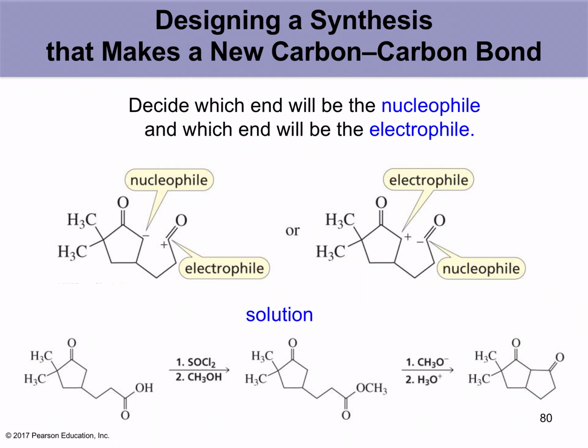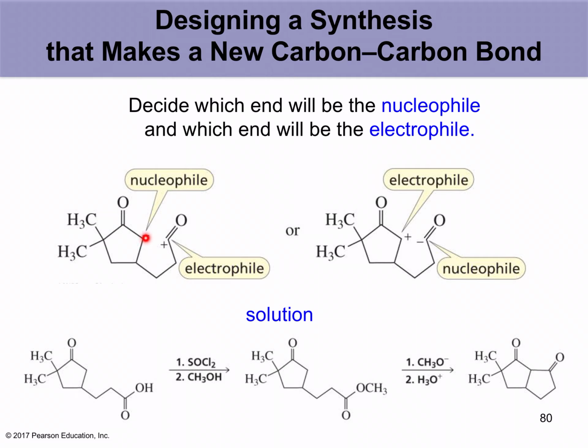Designing a synthesis that makes a new carbon-carbon bond. Decide which end will be the nucleophile and which end will be the electrophile. So we can consider the nucleophile to be here, because you know there is a carbonyl group. This is the alpha carbon carrying alpha hydrogens which are acidic.